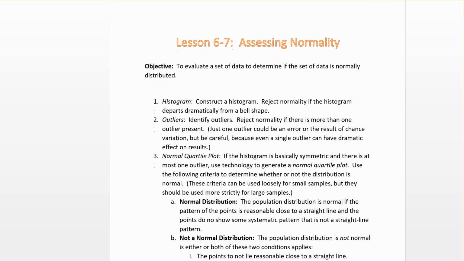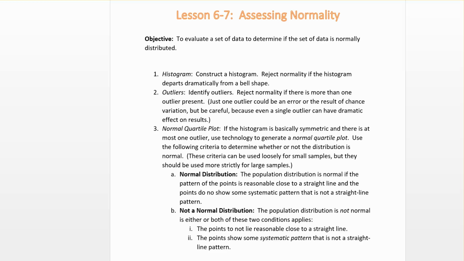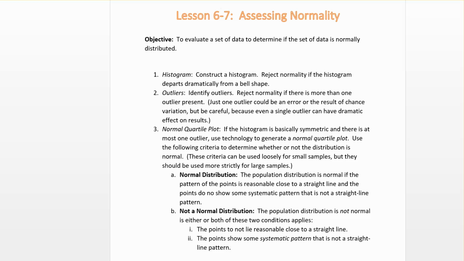The second criteria is that if it's not a normal distribution, then the points on the normal quartile plot will not reasonably lie on a straight line, and the points show some systematic pattern that is not a straight line pattern. So let's spend a little time exploring normal quartile plots and some of the things that we might see.